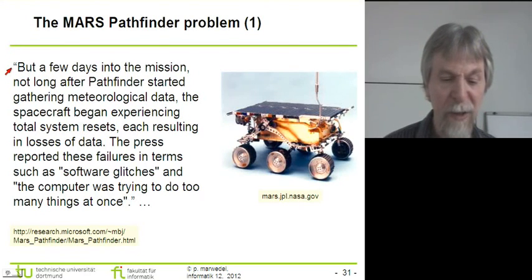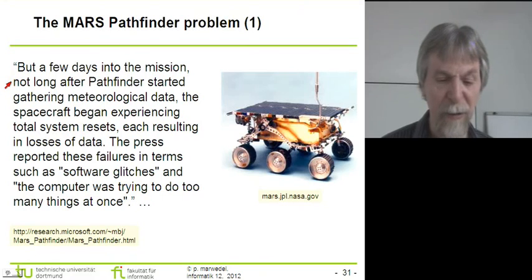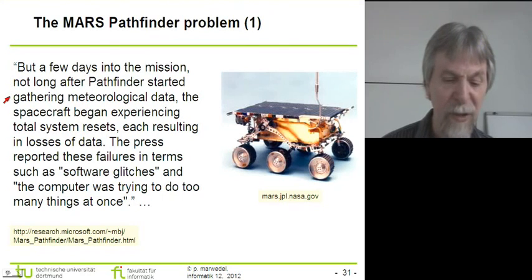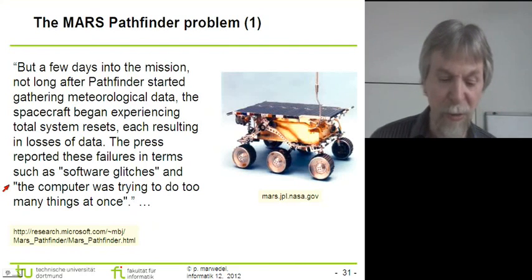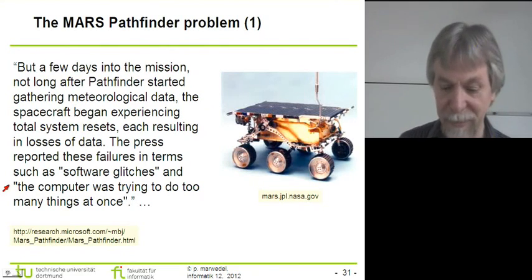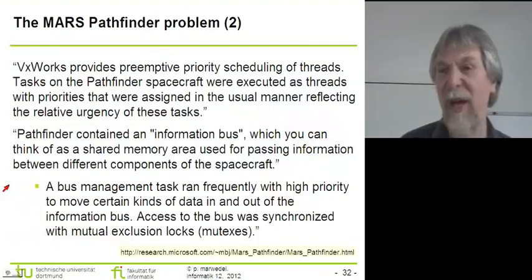A few days into the mission, not long after Pathfinder started gathering meteorological data, the spacecraft began experiencing total system resets, each resulting in losses of data. The press reported these failures in terms such as software glitches, and the computer was trying to do too many things at once. So what had actually happened?